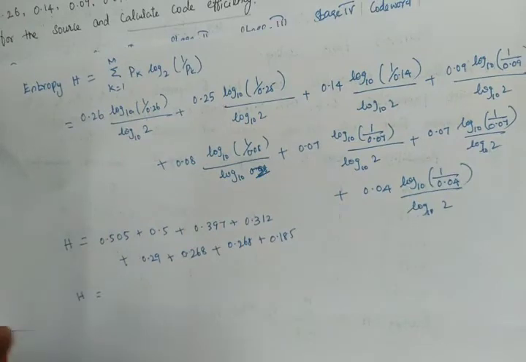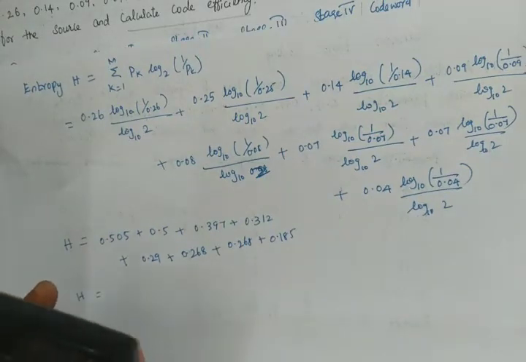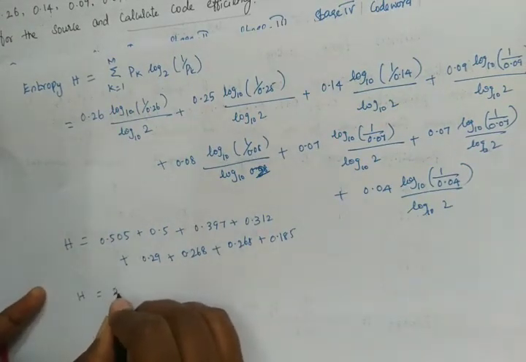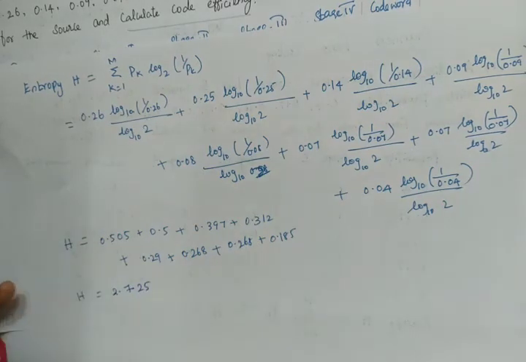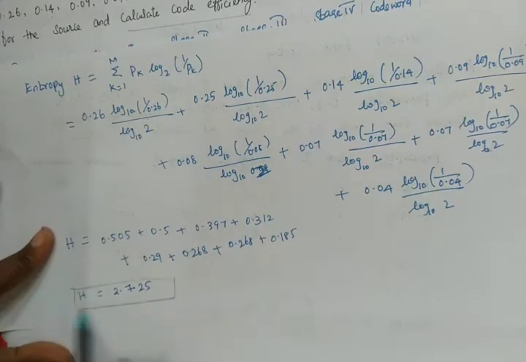Therefore H is equal to 2.725. This is our entropy H. Now what is the next step?